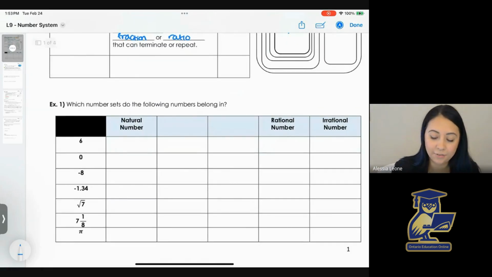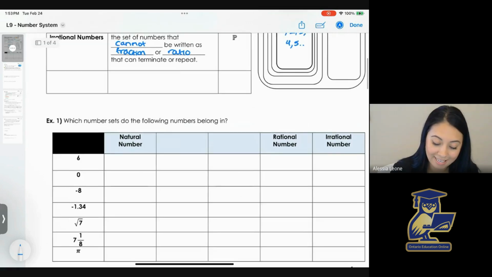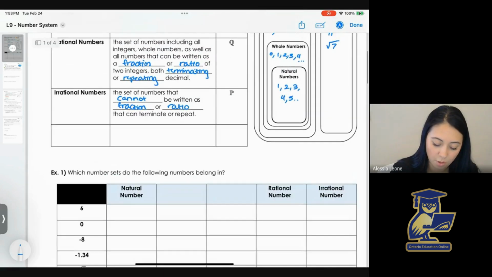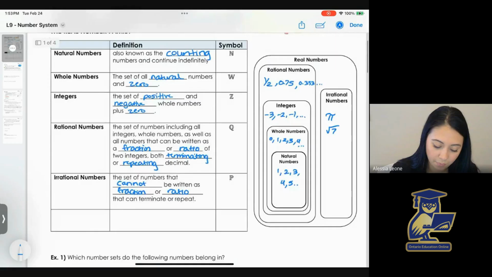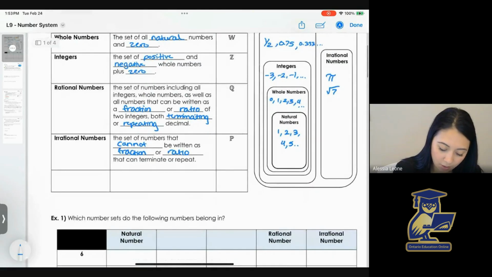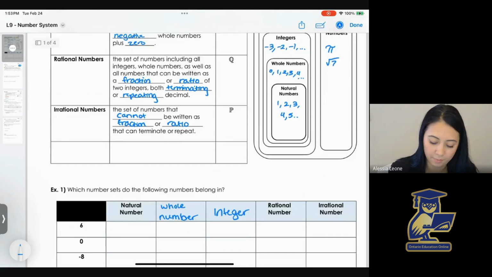In this chart, we need to fill in the missing sets for the word. So we have natural number. We are missing whole number and integer. We have rational number and irrational number.